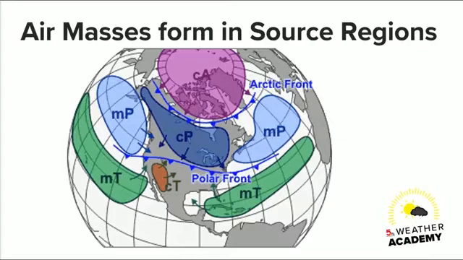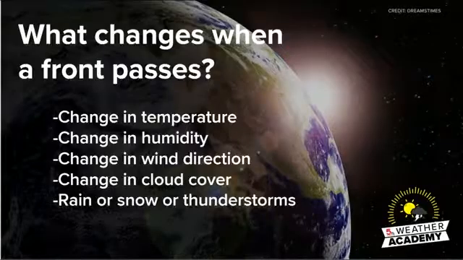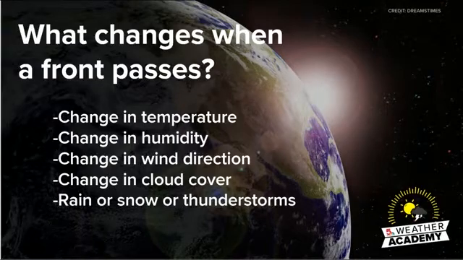And there's something called continental tropical, which is over the desert southwest, where the air is very dry, but it's also very hot and very warm. So it's still tropical because it's warm, but it's dry. So we call it continental tropical. That's kind of basically what we're talking about with fronts. It's the boundaries between all of these.